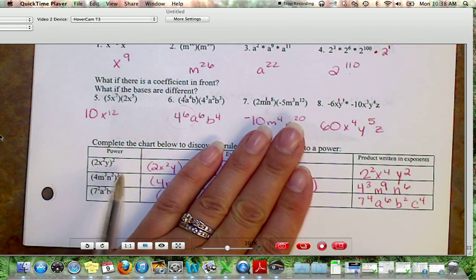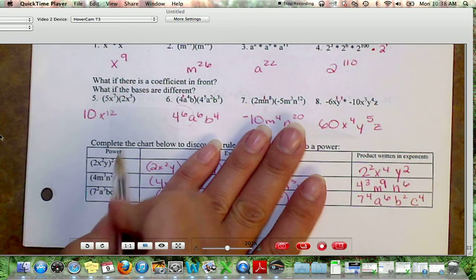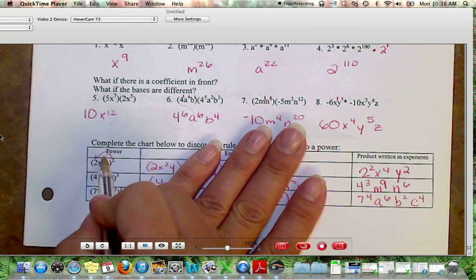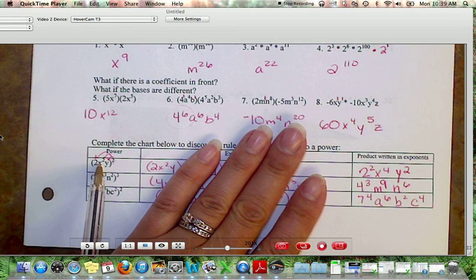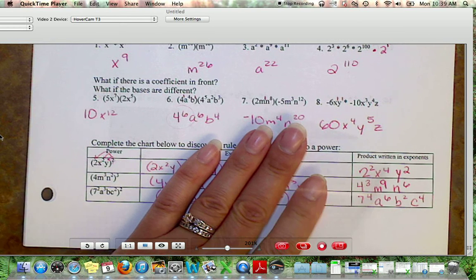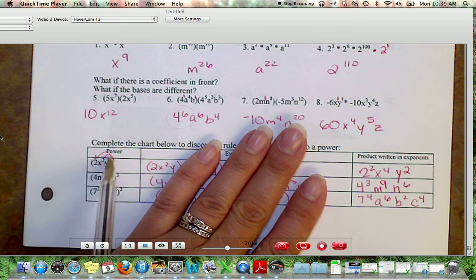Basically, if we want to raise a monomial to an exponent, what ends up happening is we end up distributing this exponent to each of those exponents. Now the 2 didn't have an exponent, so it just becomes 2 to the second. We just pass this exponent out to that 2, so it's 2 to the second. But here, this x squared has a 2, so 2 times 2 gives us 4, and then we pass the 2 out to the y.